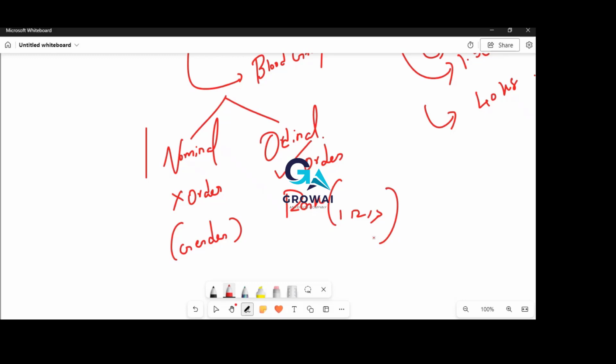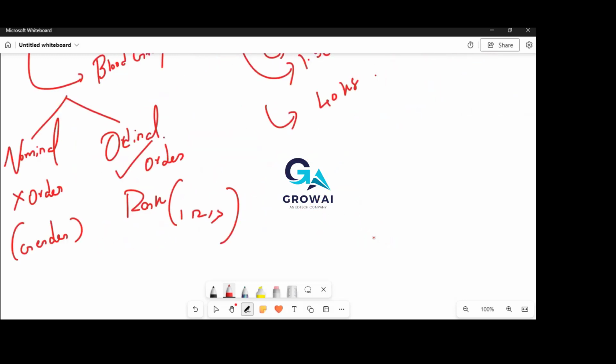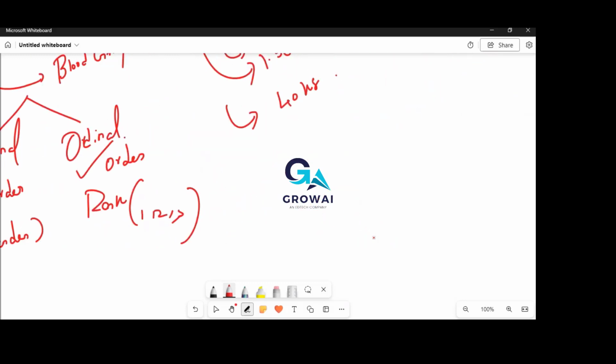Similarly, in numerical we have discrete and continuous. We already talked about it.